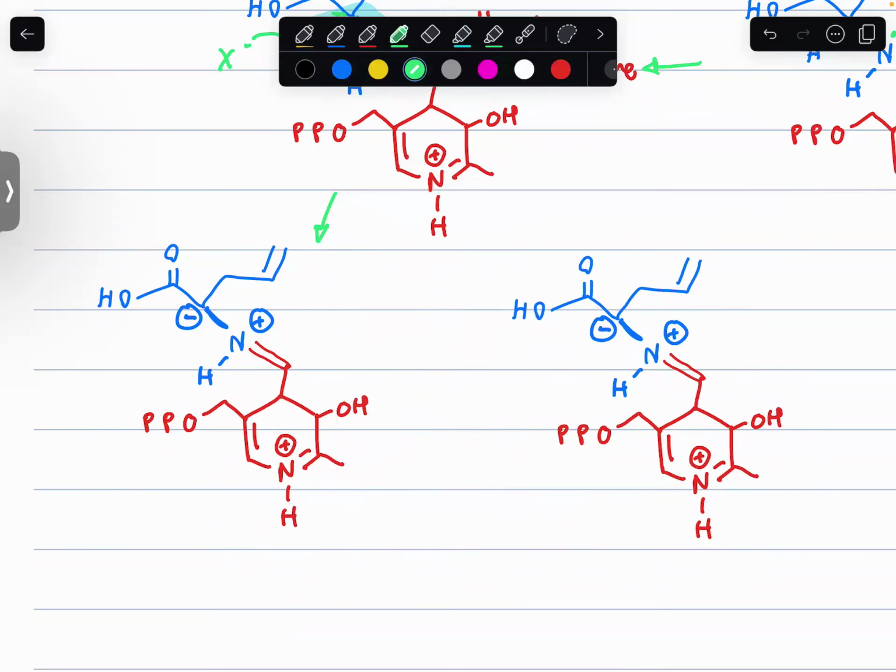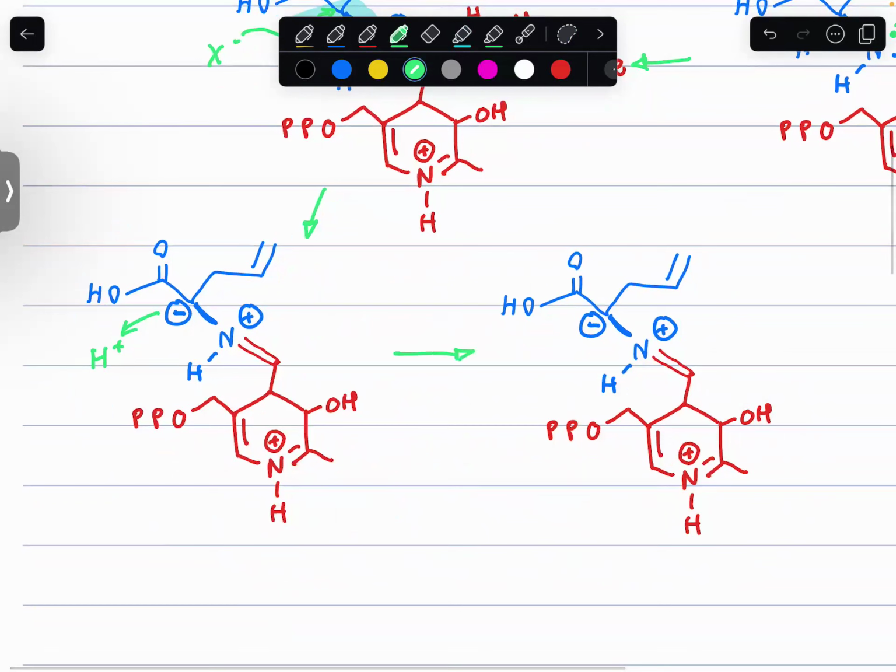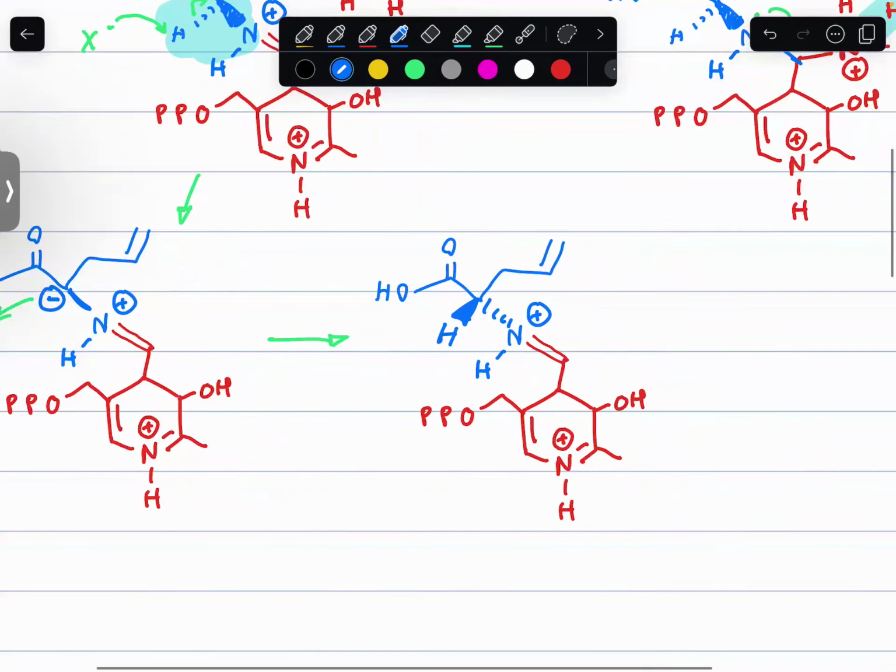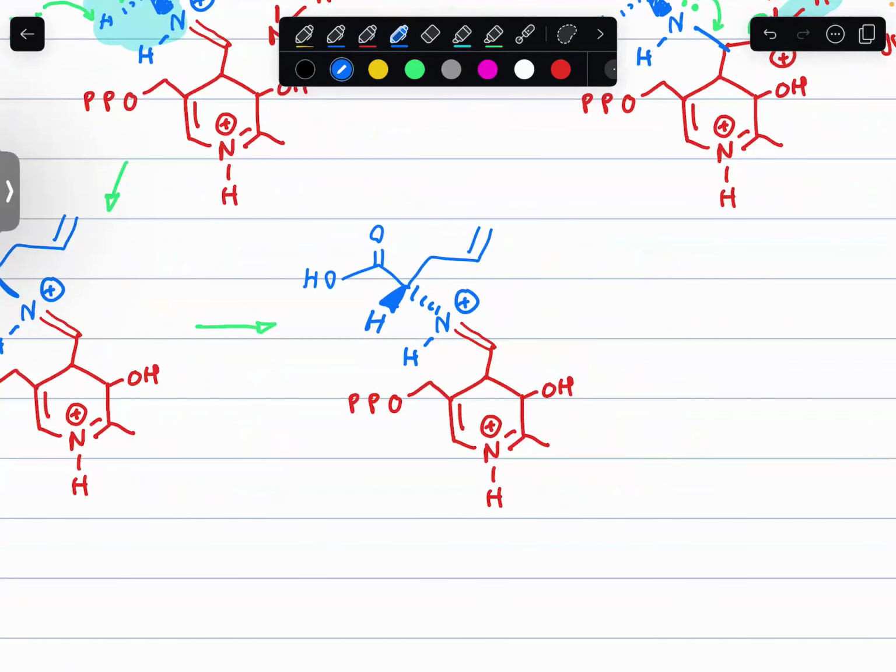So we'll have some H plus here that our anion will attack, and the resulting structure will give us a wedge to the N and a block to the H. So our amino acid has been modified.